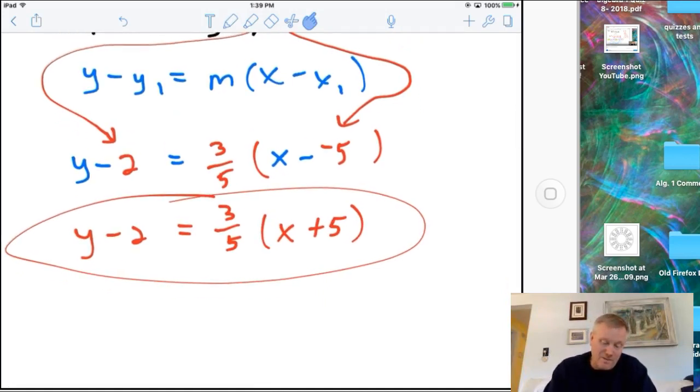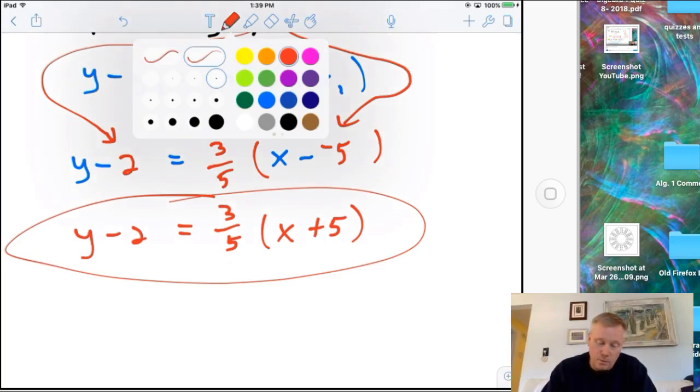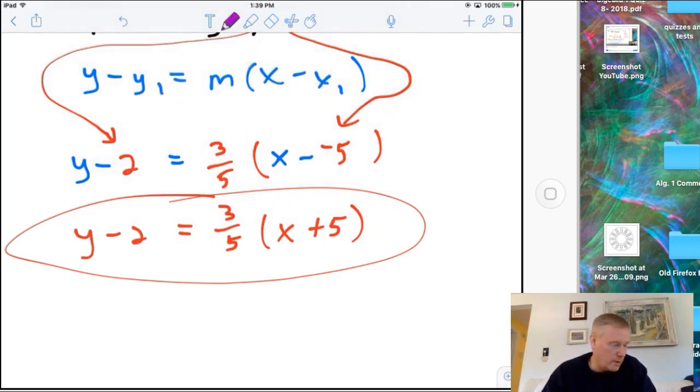Now just suppose you ever wanted to go from point slope to slope intercept, to y equals mx plus b. It's pretty easy to do this. You can take this answer here, multiply it out, and get the y alone.